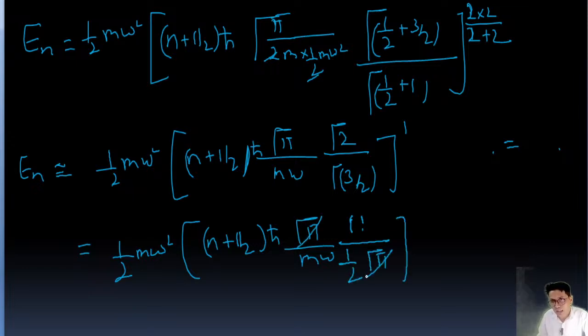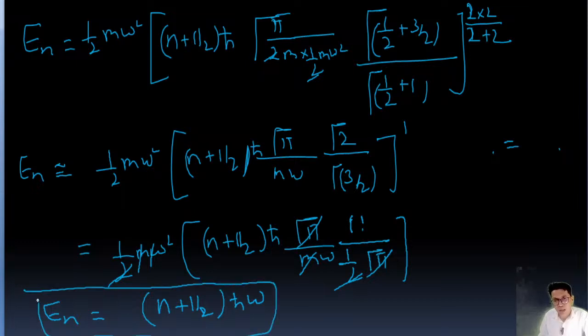Root pi will get cancelled, 2 will get cancelled with this, okay, and m will get cancelled with this, omega will get cancelled with this, right? So value of En is going to be n plus half h cut omega.